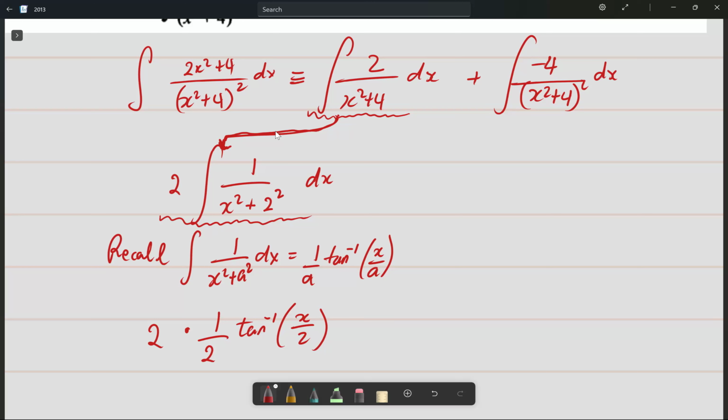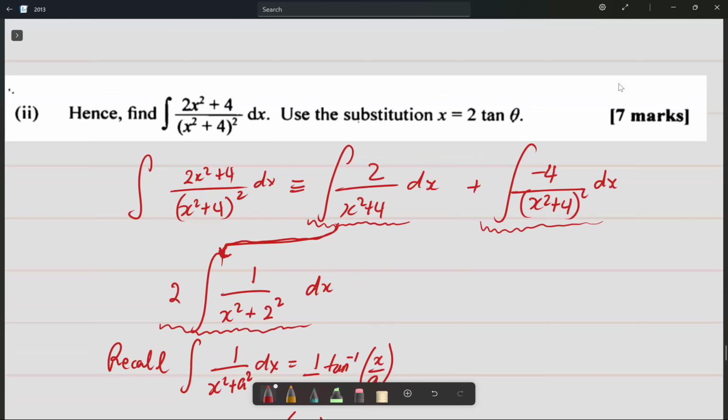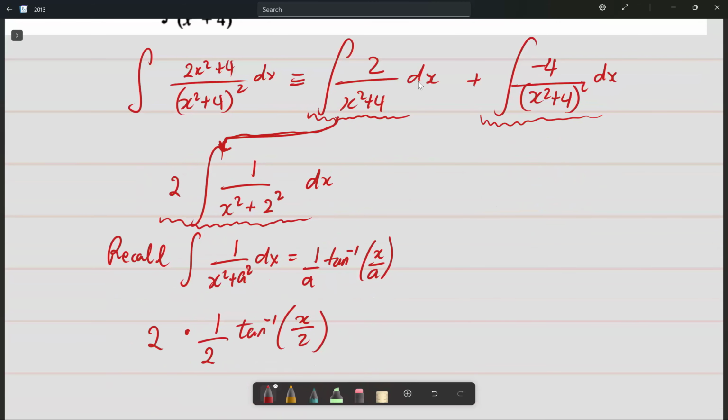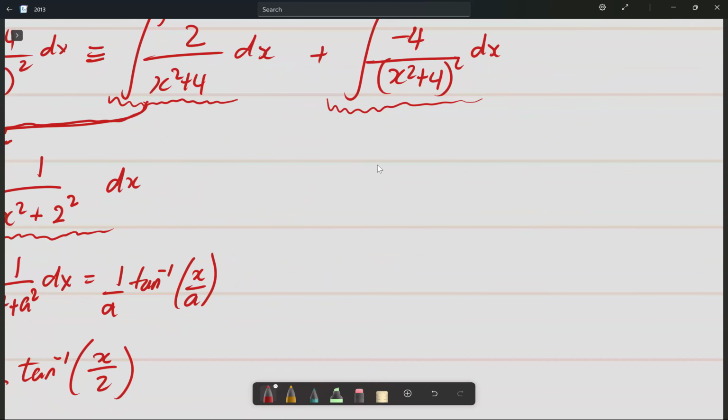The next section now is where they asked you about doing that substitution x equals 2 tan theta. So the first step is, they said to do a substitution, we're going to do that. We're going to say let x equal 2 tan theta. Whenever they say do a substitution, you're just going to believe whatever they say.